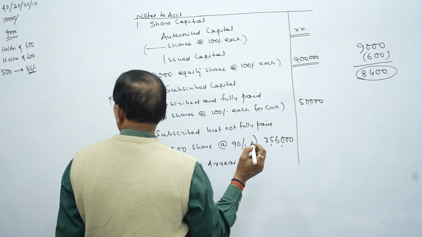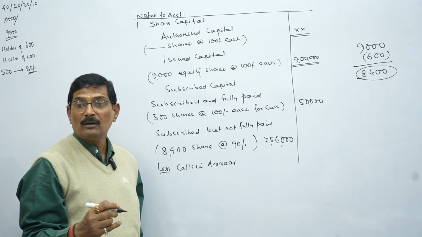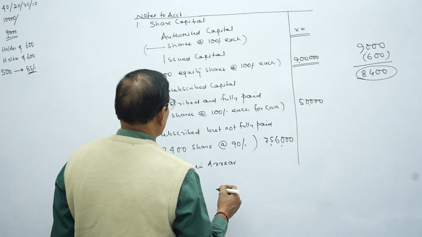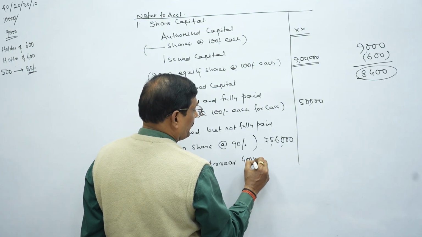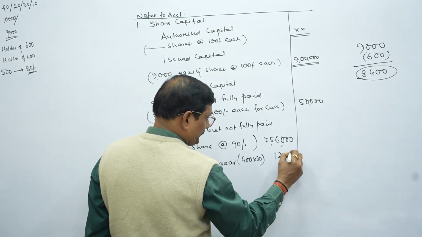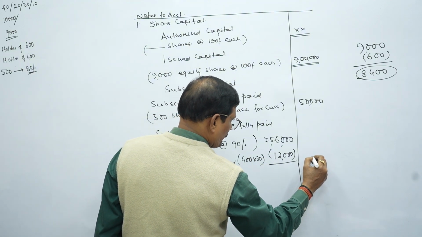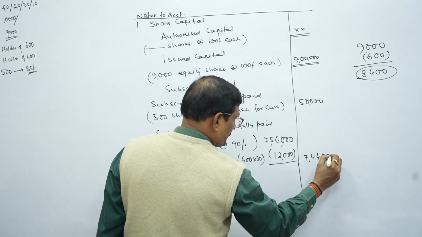It is given, holder of 400 shares, they have not paid the first call. 400 into 12, sorry, 400 into 30. That is 12,000. They have not paid. Means it will be 7,44,000.